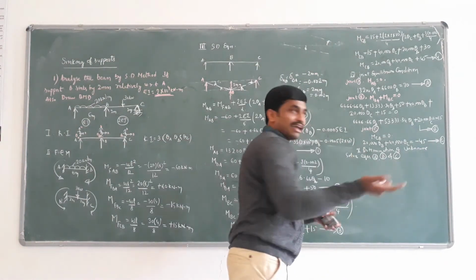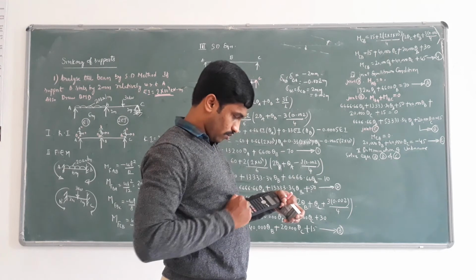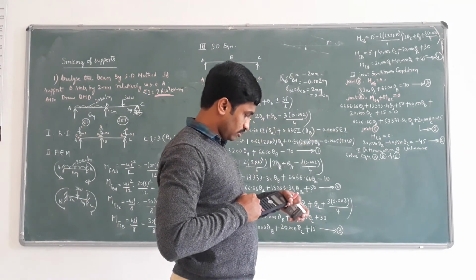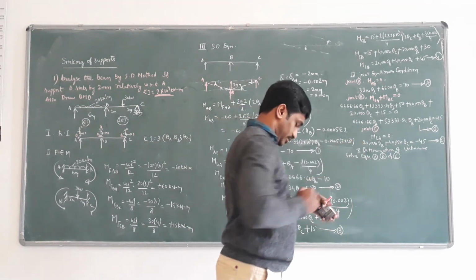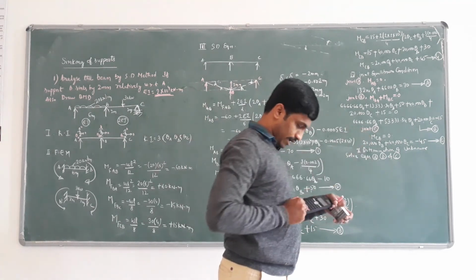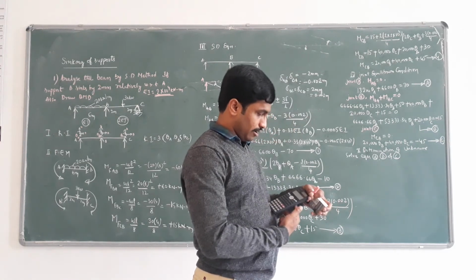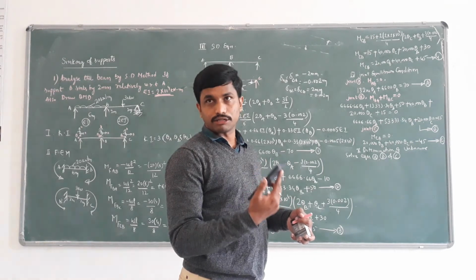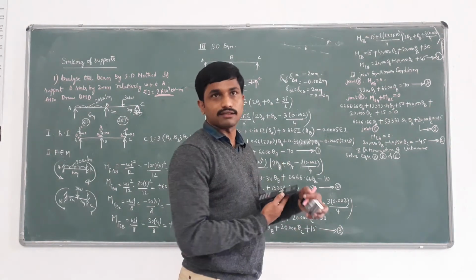A3: here theta A is 0, theta B is 20,000, theta C is 40,000 equals minus 45. If you just solve, you are getting the values of theta A, theta B, theta C.